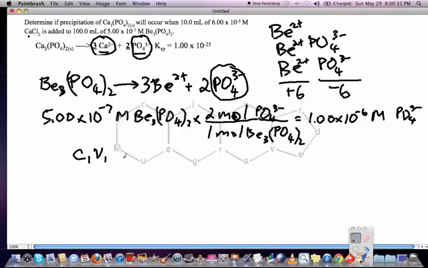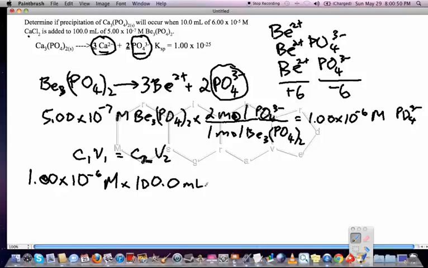So we use our C1V1 equals C2V2. The C1 is 1.00 times 10 to the negative 6 molar times the volume it's actually in, which is 100.0 mL. Now we're going to see what happens when we change that volume to 110.0 mL. And you see again the mL will cancel.